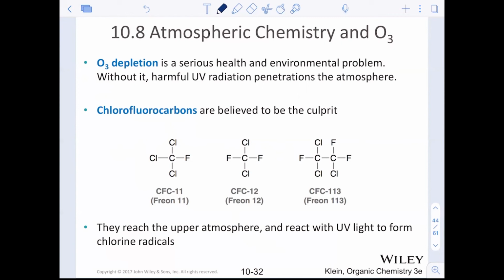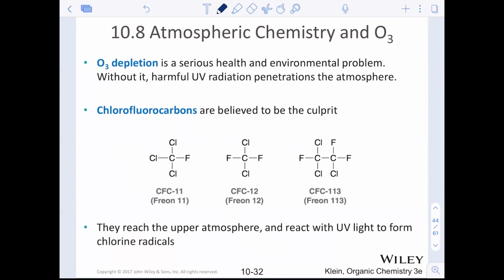One of the main contributors that is believed to be a culprit is the use of chlorofluorocarbons, CFCs. You can find these most often in aerosol cans, whether that's hairspray or paint spray bottles.